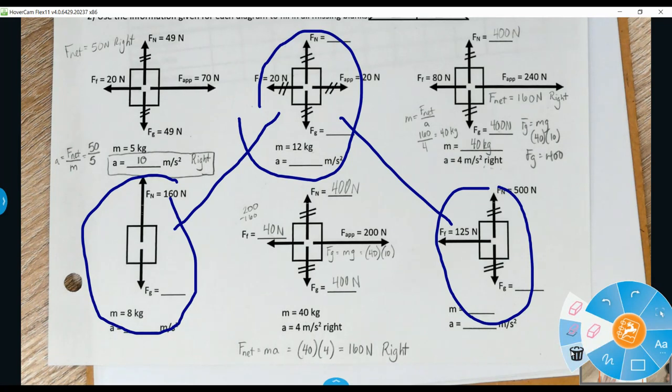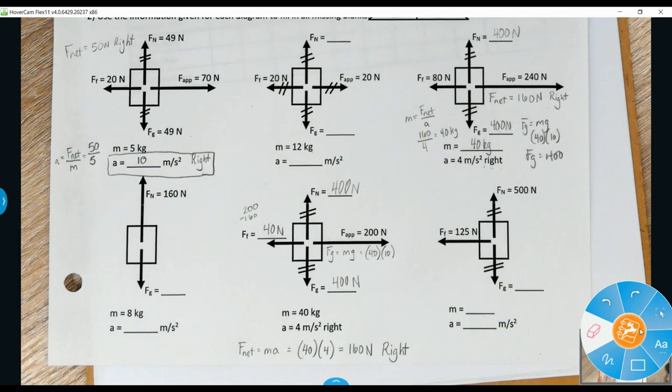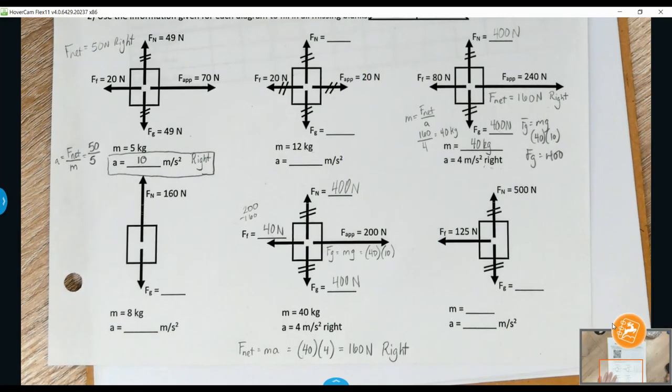If you guys have questions on it, or you're really stuck, then you can come up to me and I can help you go through some of it. But I do want you to try. There's plenty now of example problems to look at, and try to think about it logically. If you have mass, what can I do with it? If I have acceleration, what can I do with it? If I only have force vectors, what can I do with that? Okay, so on and so forth. So please complete these.